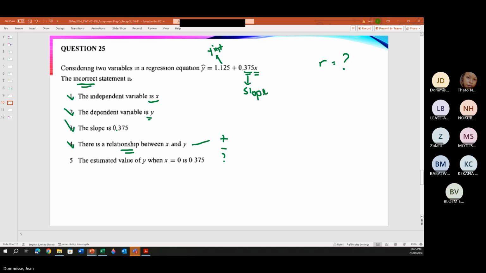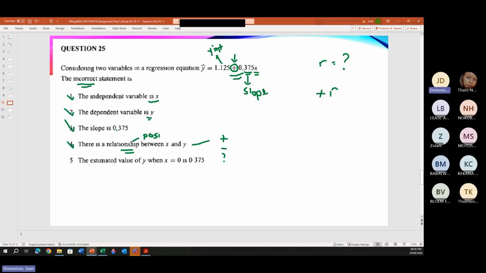But remember, the sign of your slope is the same as the sign of R. So even if they didn't give us R, the sign of the slope is positive. So because that is positive, our relationship will also be positive.